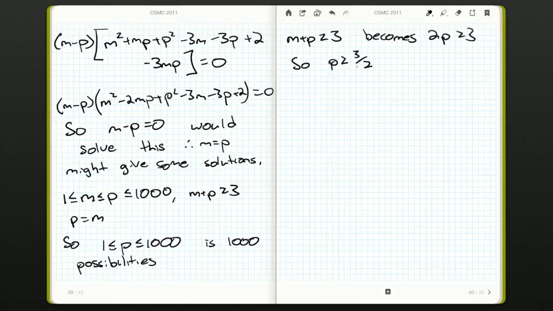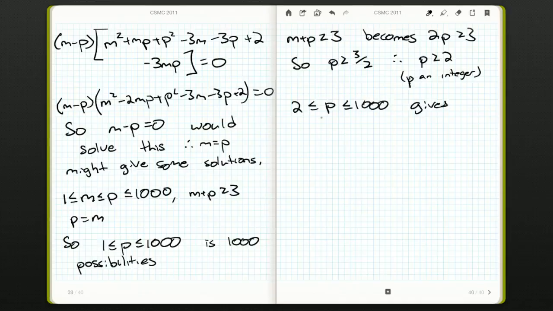So p has to be greater than or equal to 3/2. And p is an integer. So we'd have to say p is greater than or equal to 2. So 1 won't work, but the number of numbers here is 1,000 minus 2 plus 1.